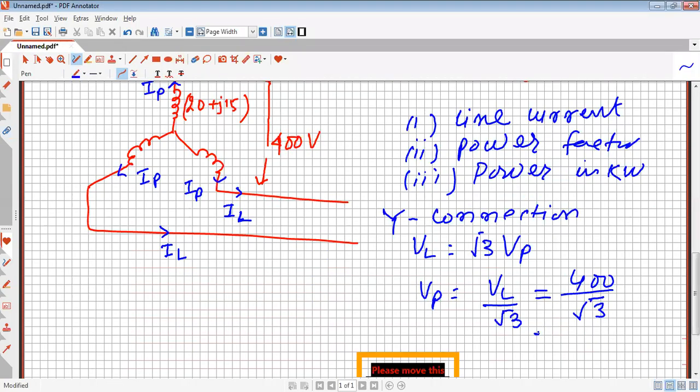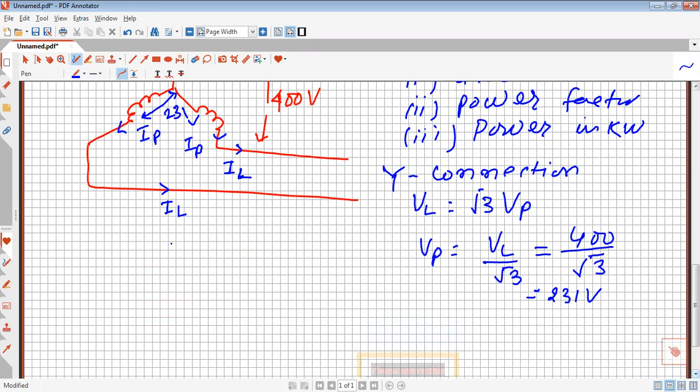After dividing this, we get 231 volt. For each phase the voltage will remain the same, but they are displaced from each other by 120 degrees.